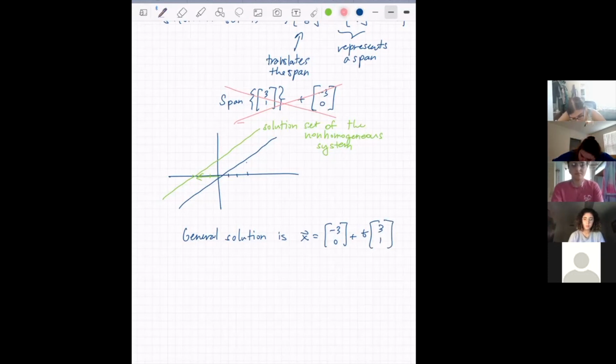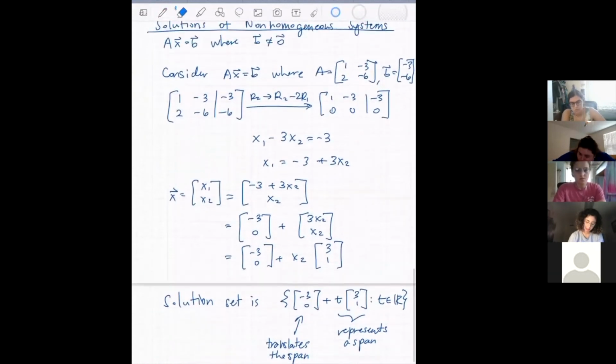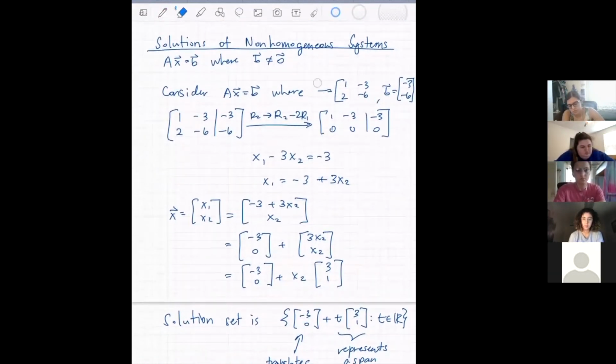And what is actually the case is that this portion is the solution of the homogeneous equation that you could create by just replacing b with the 0 vector. So by this I mean actually this equation.